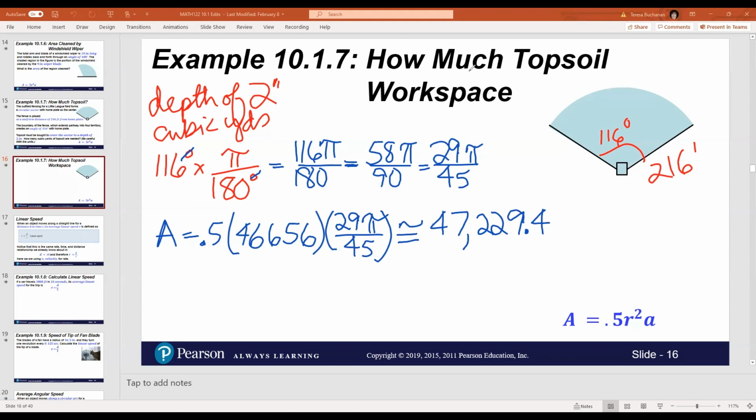What is this? Well, remember that our units here were feet. So this area is square feet. This is square feet. 47,229 square feet.